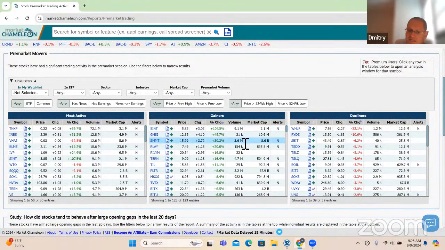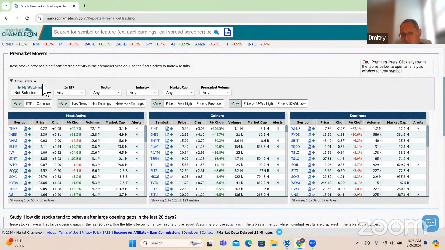It could be an ETF. It could even be a leveraged ETF or an inverse ETF that moves in the opposite direction, closed-end fund, preferred. So any security that's listed on a major US exchange. To narrow down this group of stocks, you can use the filters above.